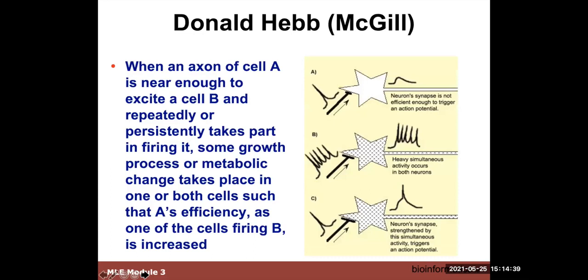So Pitts and McCulloch's idea was picked up by Donald Hebb, who was at McGill, and he made the observation that if an axon from one cell is close enough to another cell and repeatedly excites it, you can enhance the activity. There's a metabolic change that leads to the firing of cell B, which is that star-looking cell, to increase or enhance its signal.